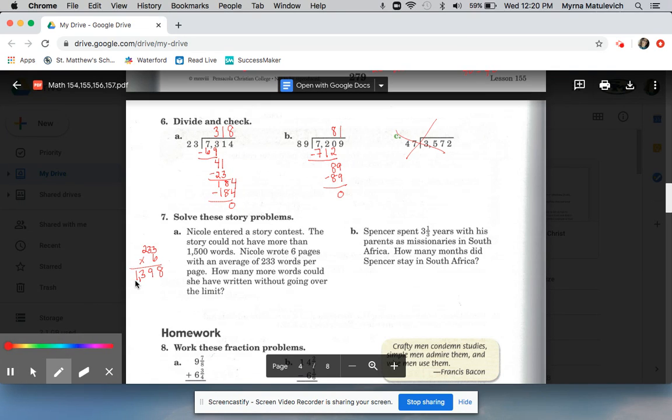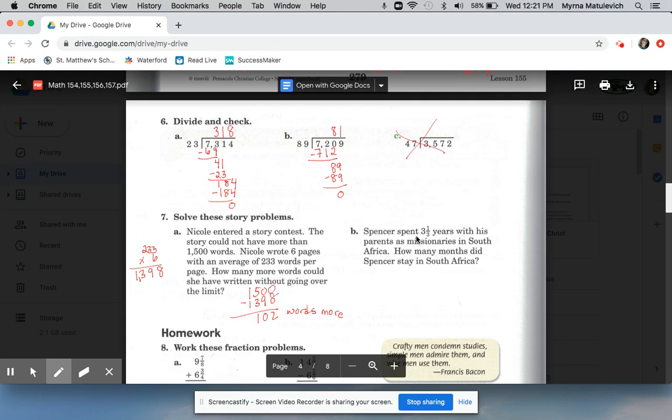So she wrote 1,398 words, but the limit is 1,500. So now I need to subtract this number from this number to find out how many words she could have written. And Nicole could have written 102 words more.